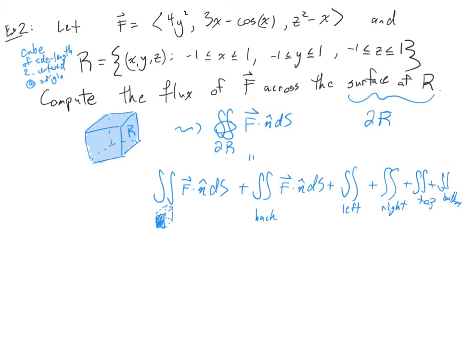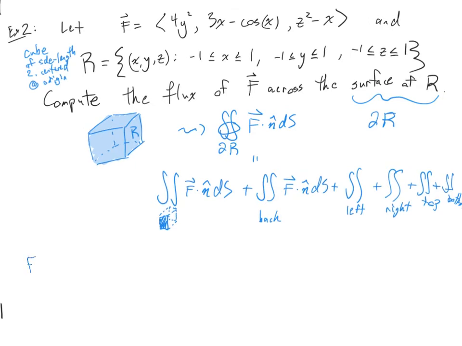So let me use the divergence theorem to figure out that, in fact, the flux will equal the triple integral over R of the divergence of F dV. And I compute the divergence of F. Well, each of F's components, the first one, the x component only has y, so d/dx is 0.